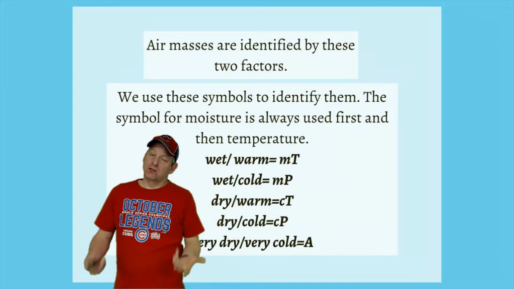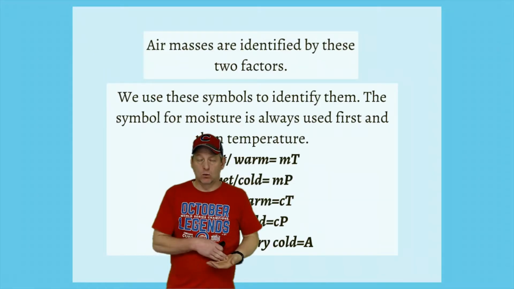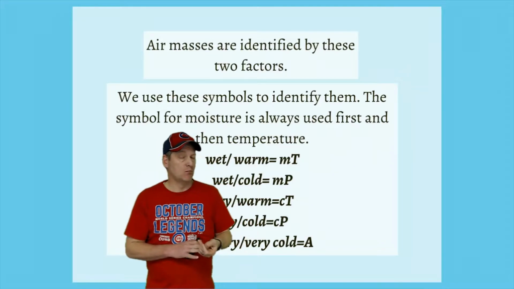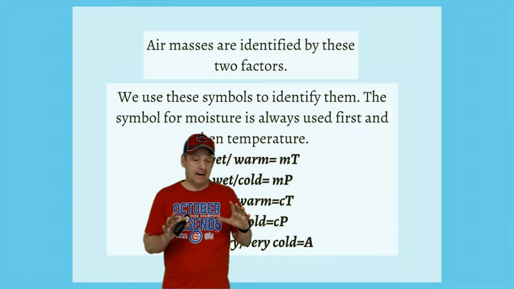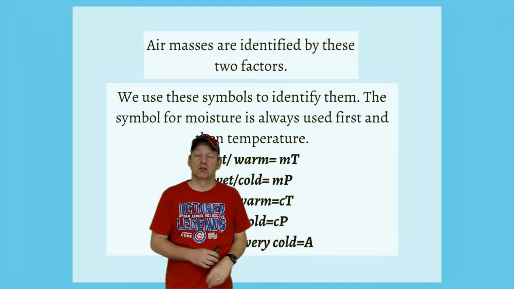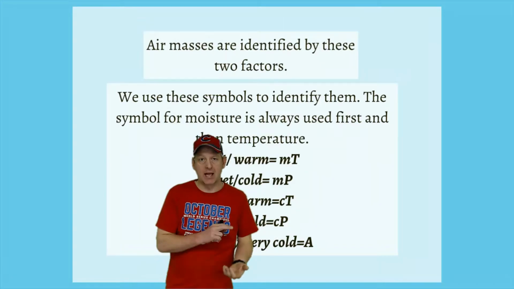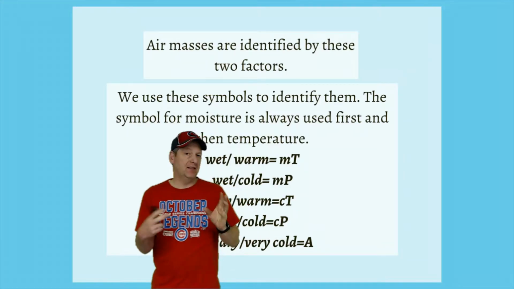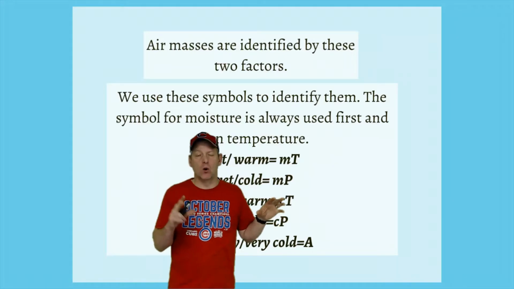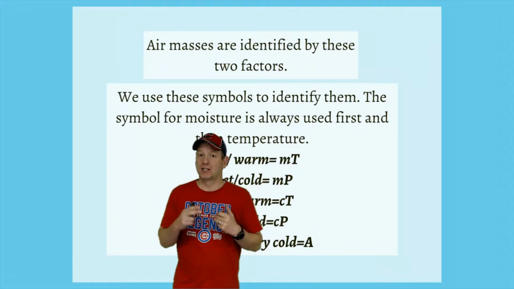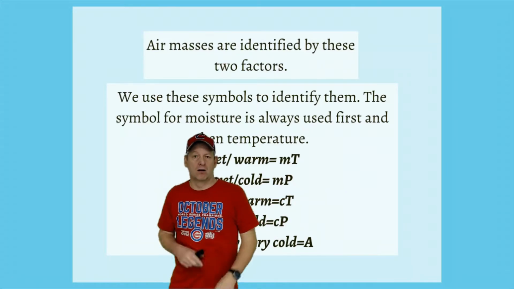We would find this over areas that have lots of water and probably closer to the equatorial regions where the water is going to be warm and it's going to be wet.